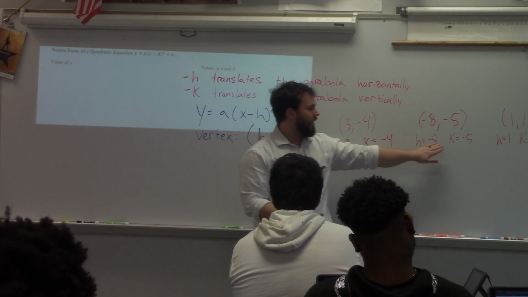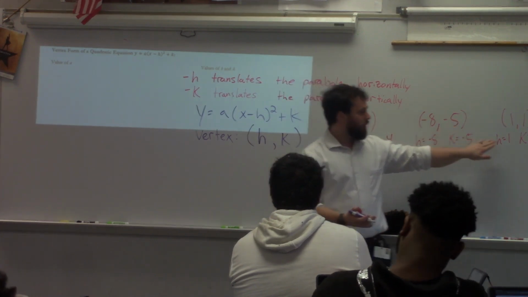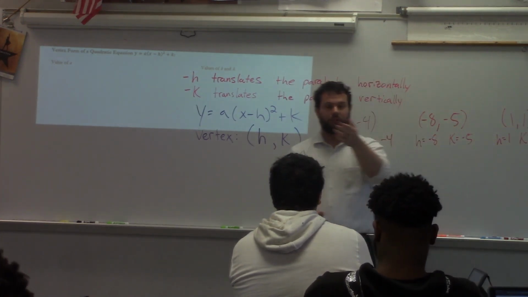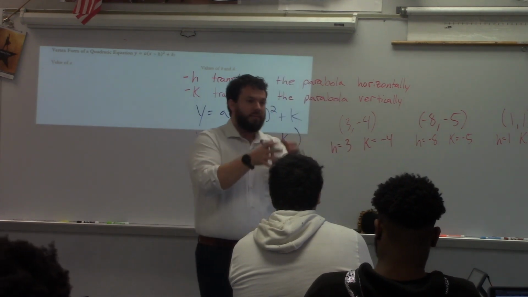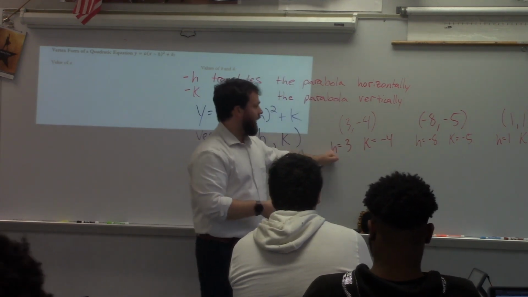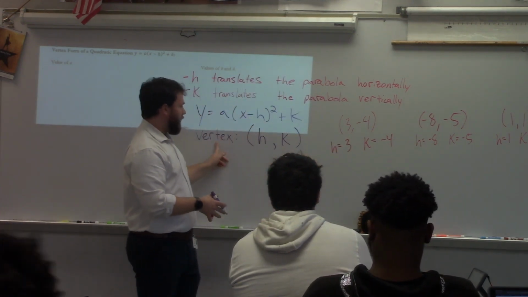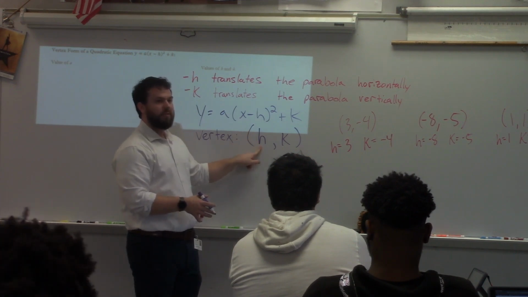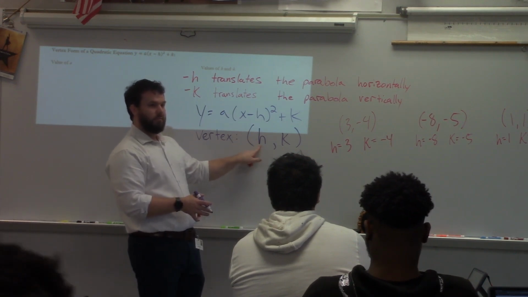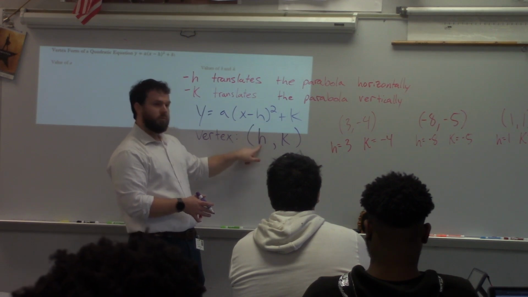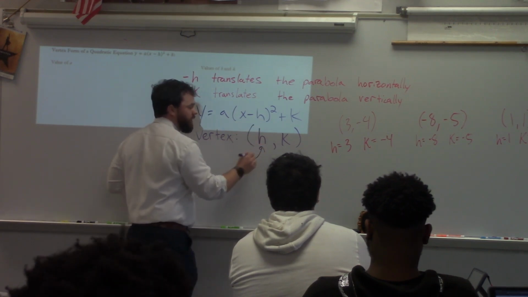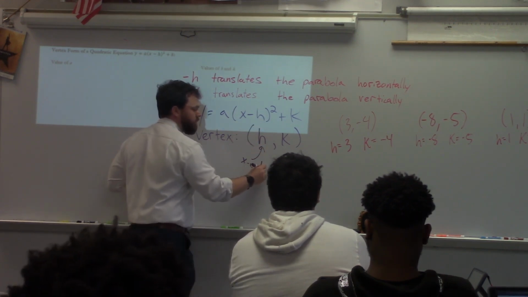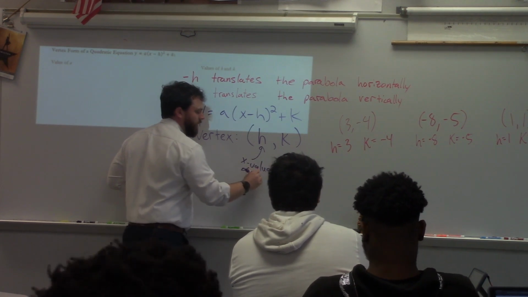You see how this is the h and this is the k? Every time, what Saquon said was that the x value of the vertex is h. So if I want my vertex, what's taking the place of the x value in that vertex? That h. So that's all that this is saying. x value of vertex.